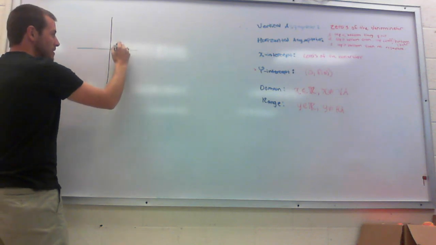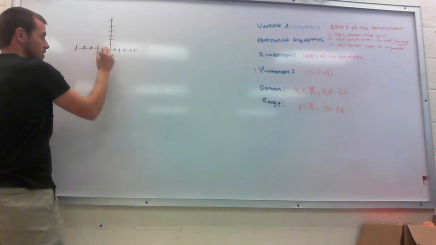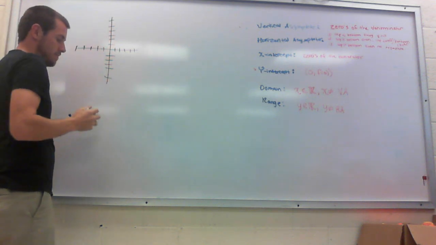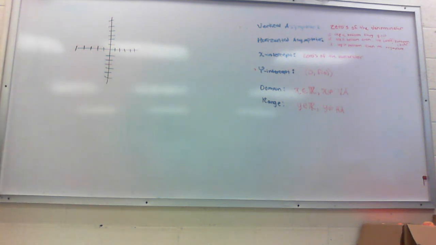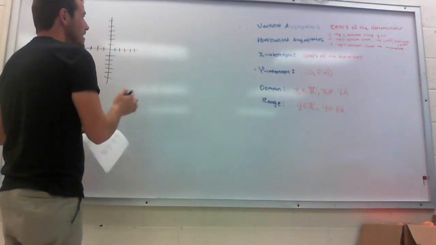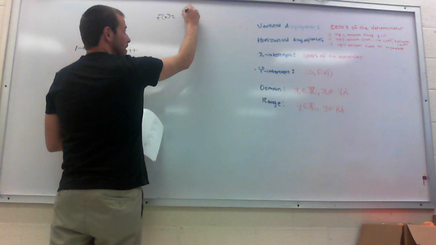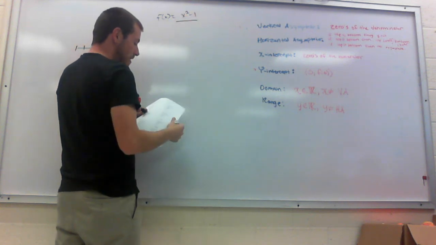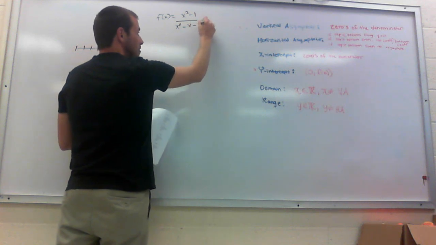And this next problem I'm going to take from number 5 out of your packet. Number 5 out of your packet is the function f of x equals x squared minus 1 divided by x squared minus x minus 6.